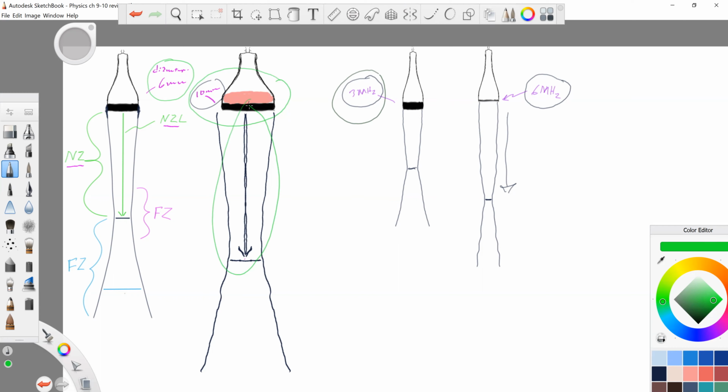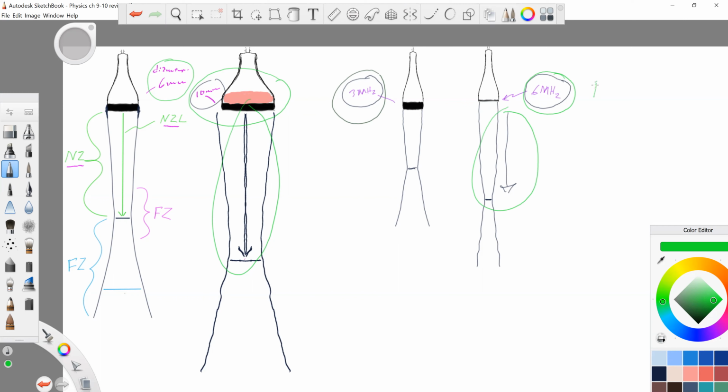Number 7, transducer frequency and near zone length are inversely related. Okay, so inversely related. So I got to be careful how we read that, right? So frequency, high frequency, high or long near zone length.